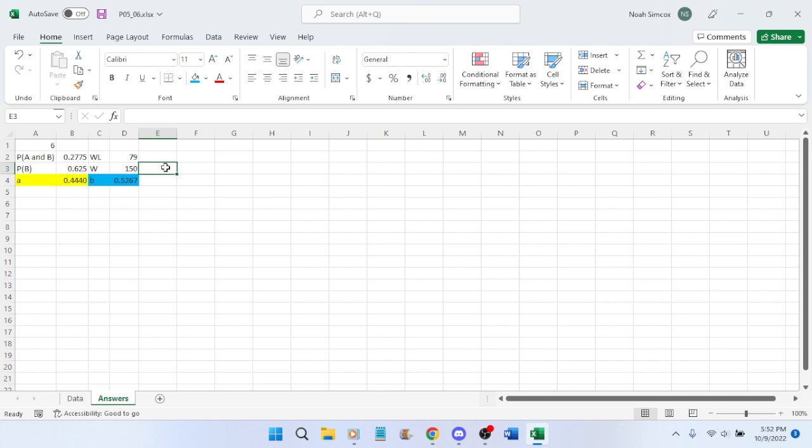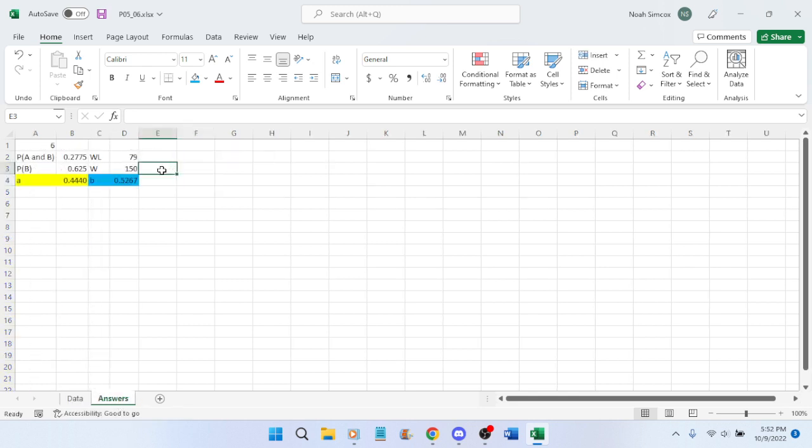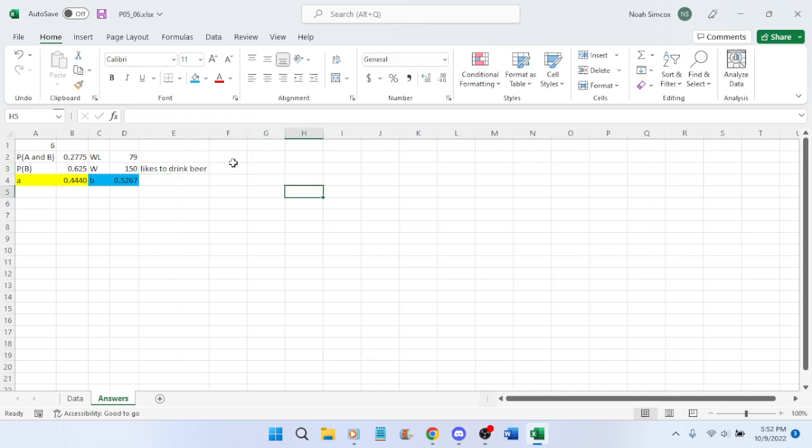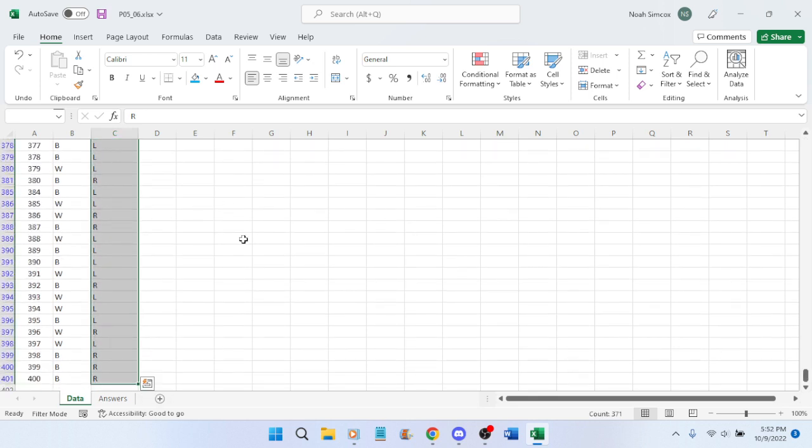The number of people who like to drink beer is equal to R and L likes to drink beer. The total number of people who like to drink beer is 371.